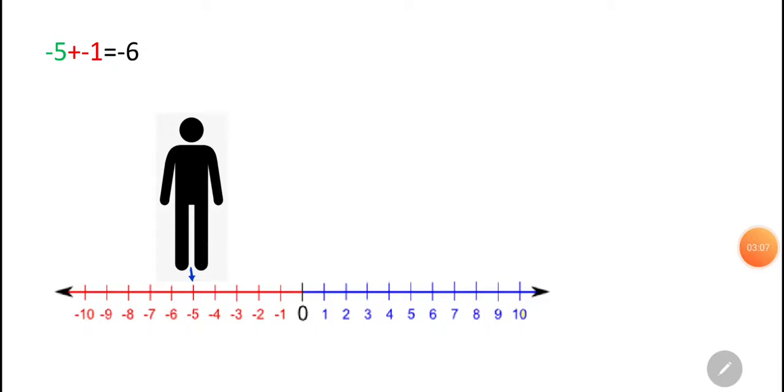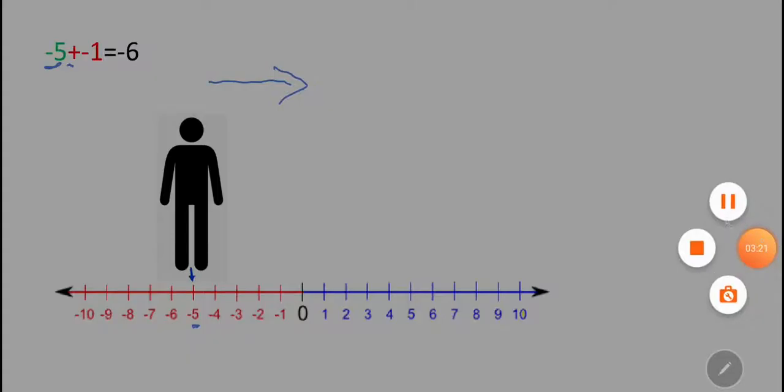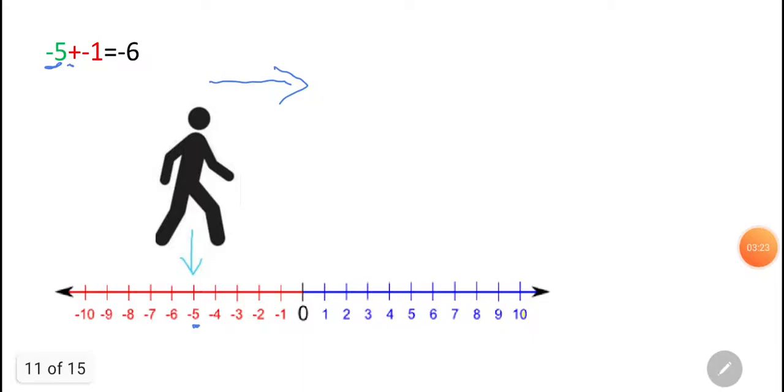Using the same idea, because we're starting at negative 5 in green here, you can see the man is standing at negative 5. The operation is plus, so he's going to face the right, like so. What are we adding this time? Maybe it's better to put in a bracket. We're adding negative 1. If we were adding a positive number, he would walk forwards. But because we are adding a negative number, he's going to walk backwards by 1 step, because it's negative 1.